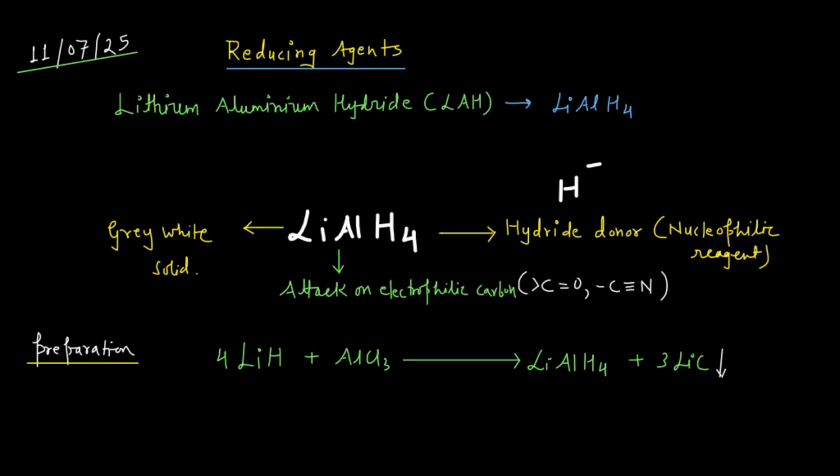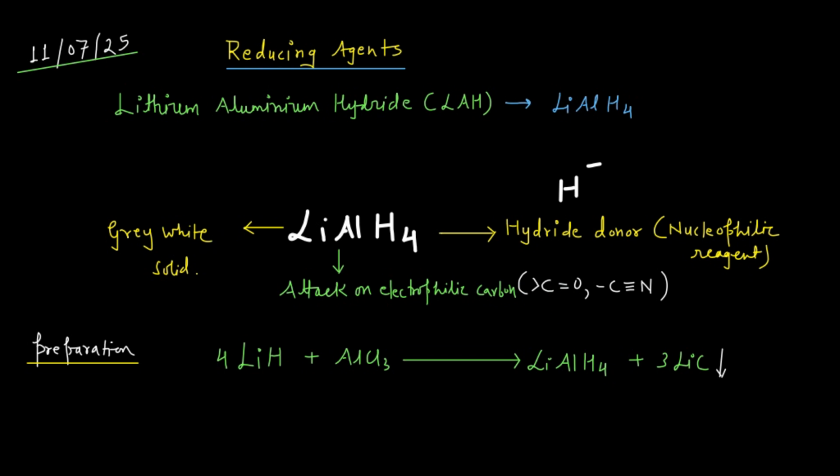This hydride ion which comes from lithium aluminium hydride will always attack the electrophilic carbon, and that electrophilic carbon is generally present in carbonyl compounds, especially aldehydes and ketones. You know this carbonyl group is also present in the acids and the acid derivatives. So all these compounds, carbonyl compounds, acids and acid derivatives, can be reduced very efficiently with the help of lithium aluminium hydride.